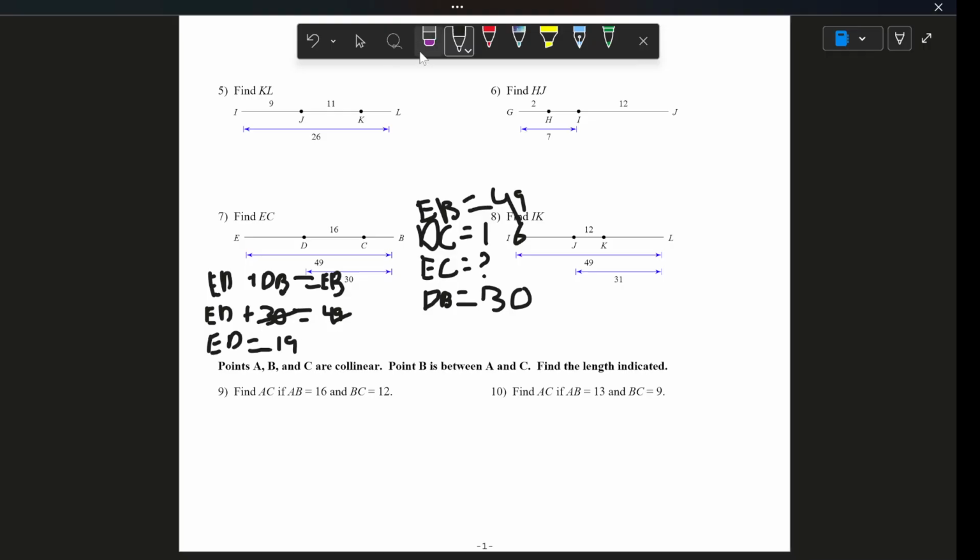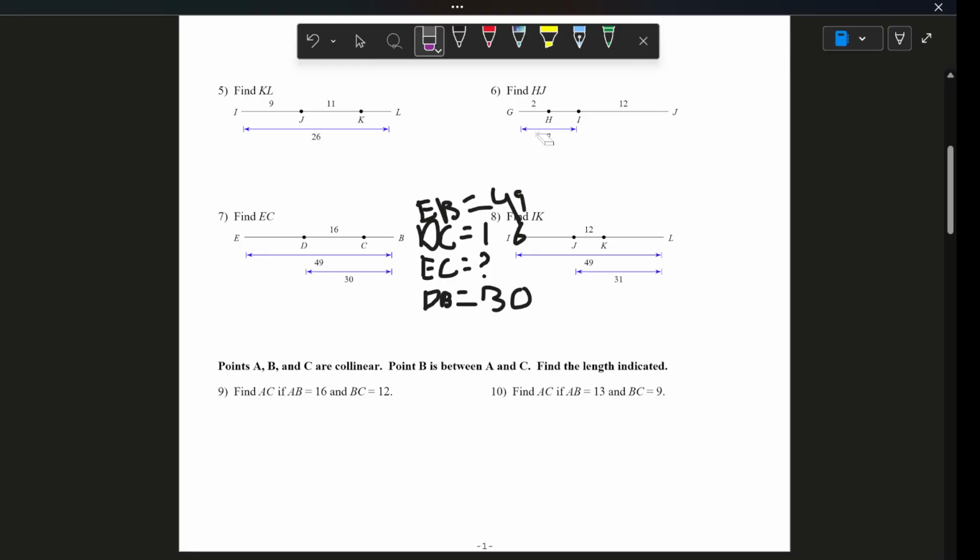Cool. So now we know ED. So we write this up here, ED is 19. Perfect. Now to get EC, let's set the equation first. We do ED plus DC equals EC, because we know this to be 19.